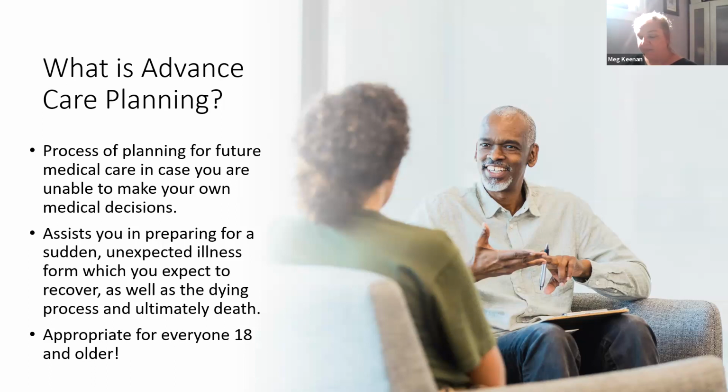Anybody can face an acute medical event at any time, and your healthcare agent can step in and make those decisions for you for acute illness, which you expect to recover from, or towards the end of life process as well. We try not to use the term advanced care planning too much, because it makes it seem as though this is for people of advanced age, which is not the case. Advanced care planning is care in advance and appropriate for everyone 18 and older.